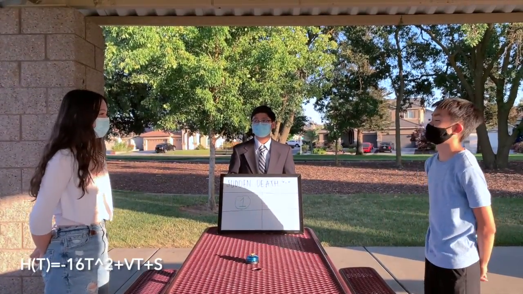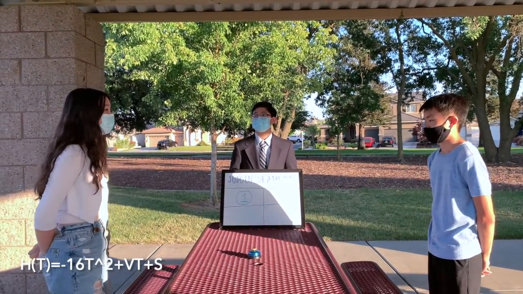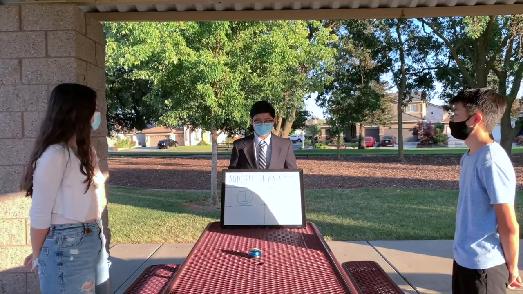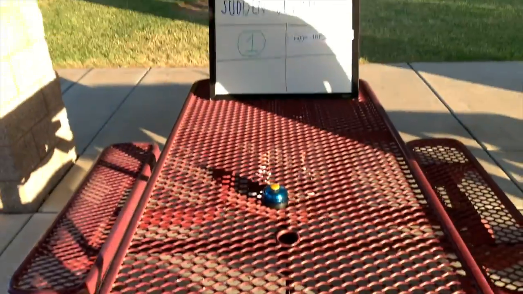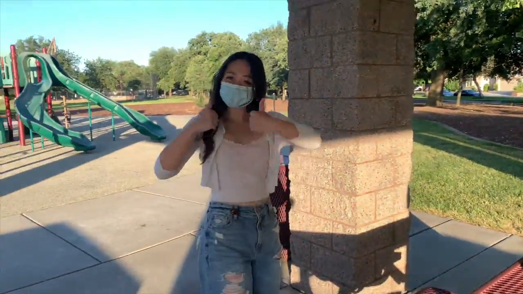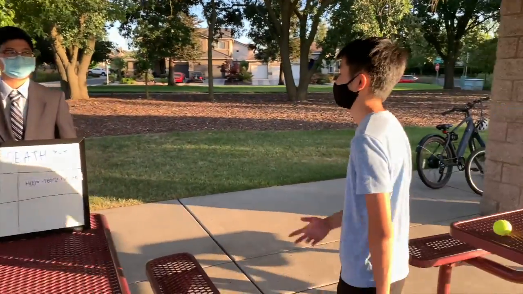H of t equals negative 16t squared plus vt plus s, where v is the velocity and s is the starting position. Boom. Is it on the scoreboard? And that was the correct answer. Congratulations to Team Parabagals for winning the game. They have won a free lesson with Mrs. Williams. No, they won.